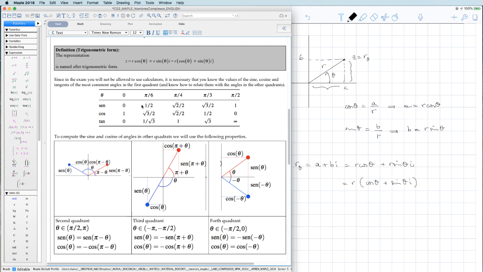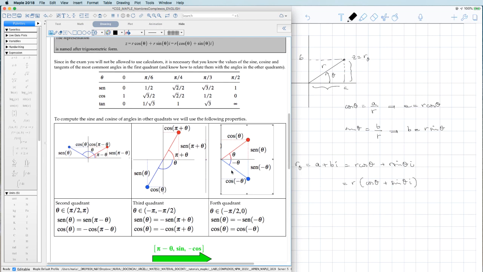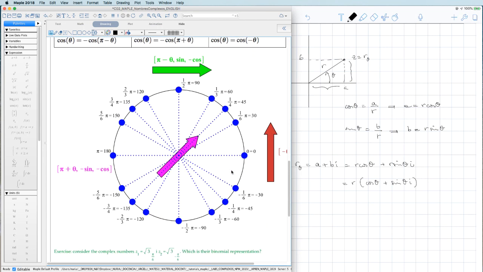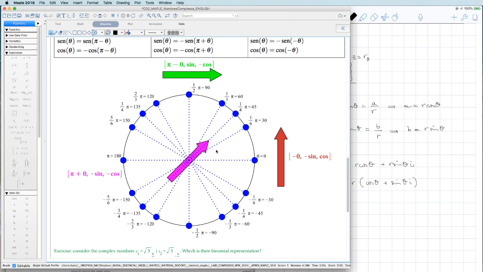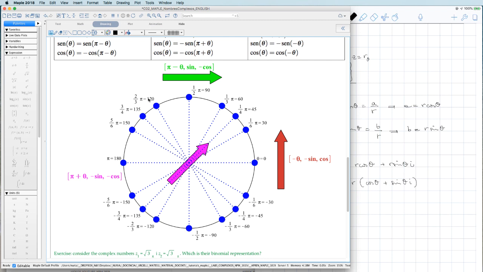Okay, so we need to learn this table, and then we need to know that from the second quadrant we do pi minus the angle, the third quadrant we add pi, and the fourth quadrant we just change the signs. And this is again a representation of this. Okay, so if I'm given 120, I'm going to look at 60 degrees.